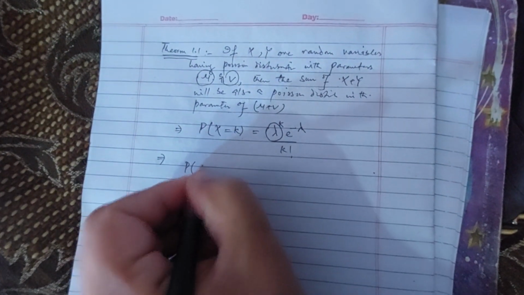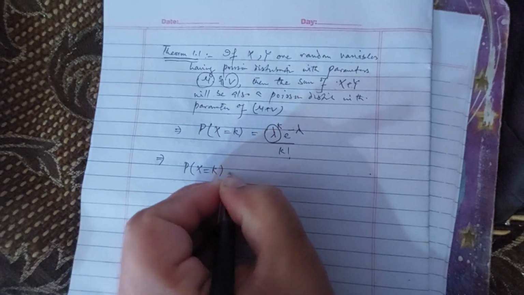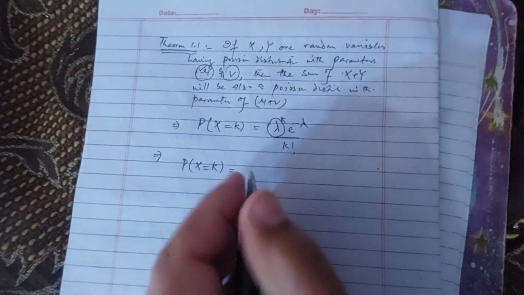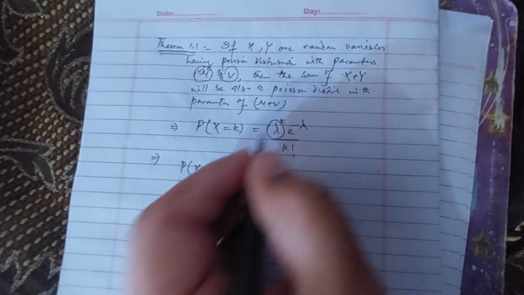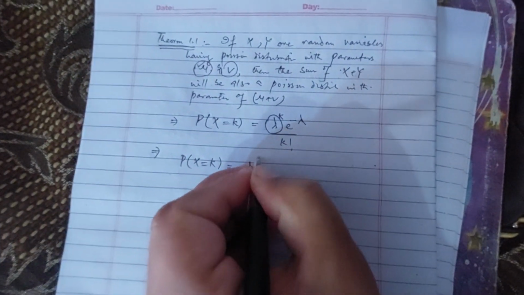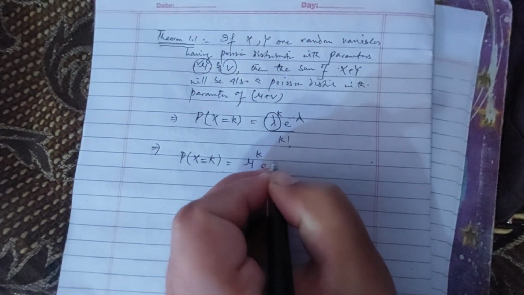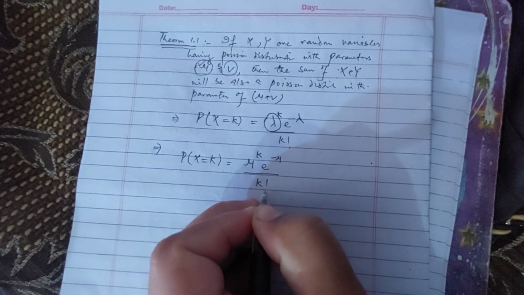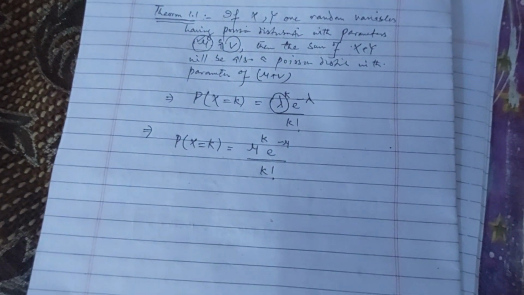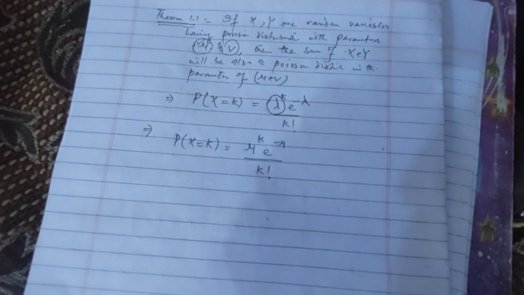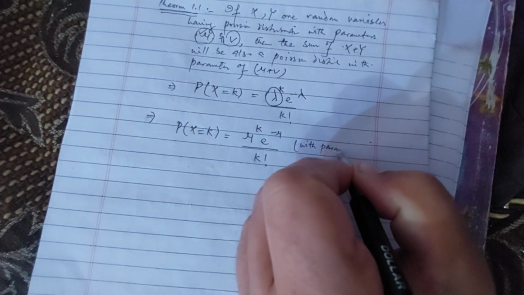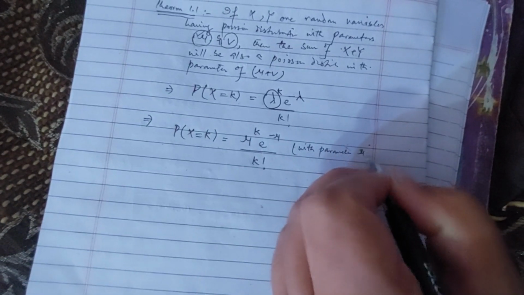So P of X equal to k has the parameter mu, so lambda will be replaced by mu, and it will be mu raised to power k, e raised to power minus mu, divided by k factorial. I will write it with parameter mu.